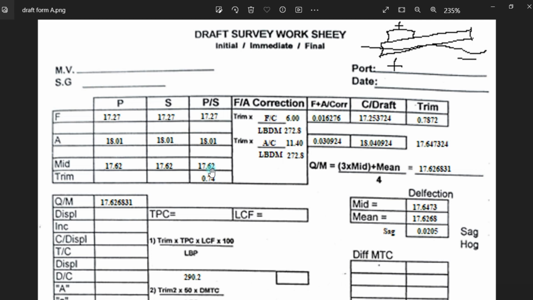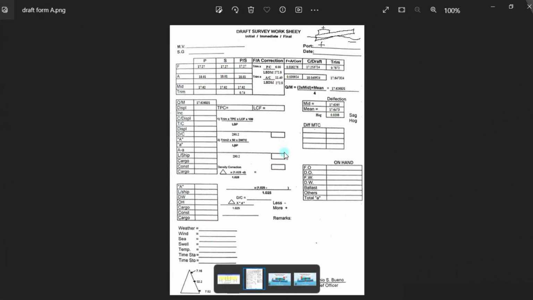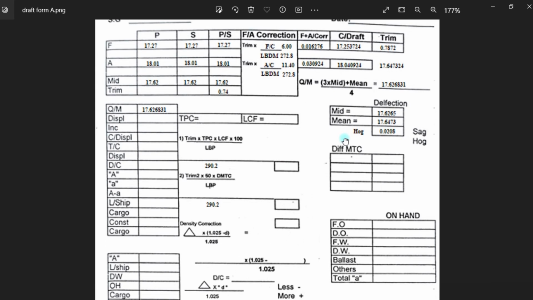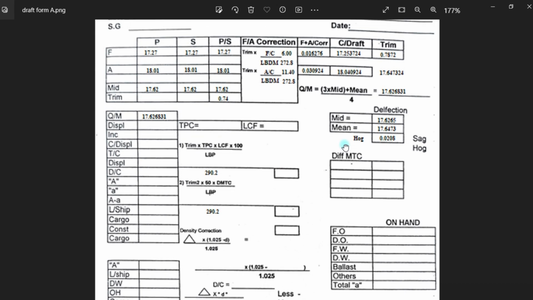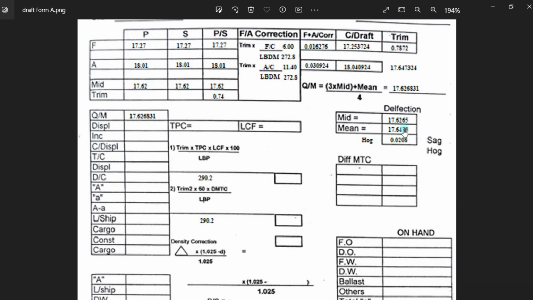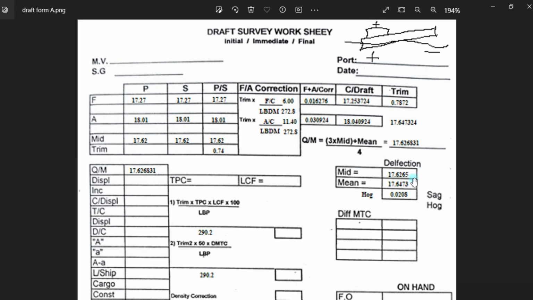So mid drop is this one, 17.62. Baliktad, this is reverse. Your mean is greater than your mid.